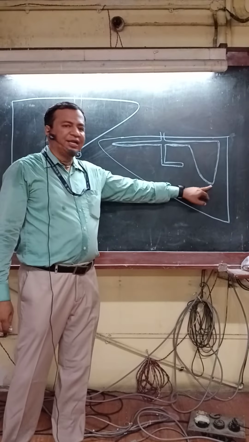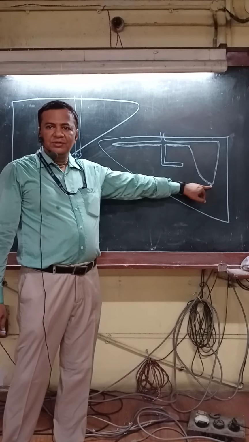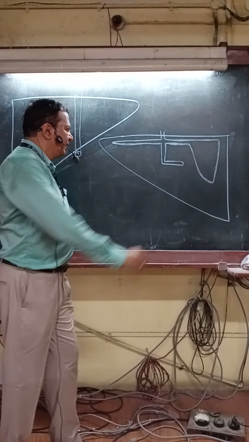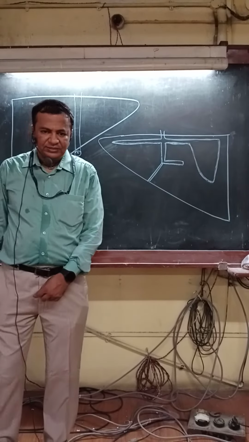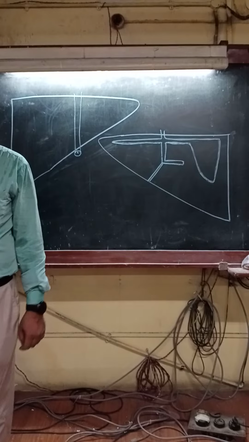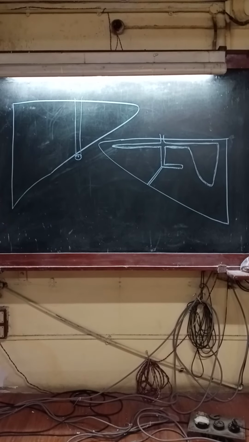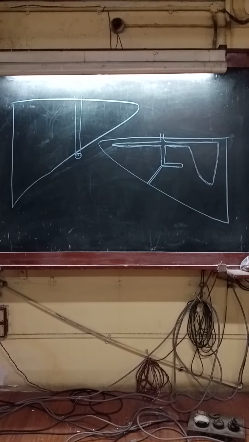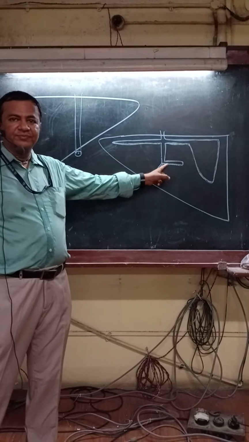This is called as right triangular ligament. Okay? The ligamentum teres runs like this. The ligamentum teres is here. So this ligamentum teres goes here.